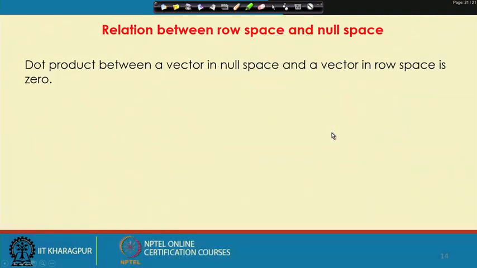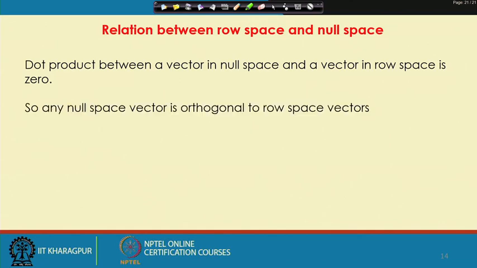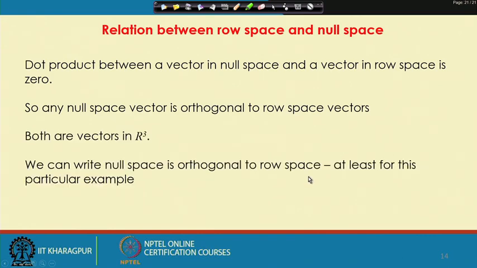So, this is the relation between row space and null space: the dot product between a vector in the null space and a vector in the row space is 0. Any null space vector is orthogonal to row space vectors, both being vectors in R3. So, we can write that the null space is orthogonal to the row space.